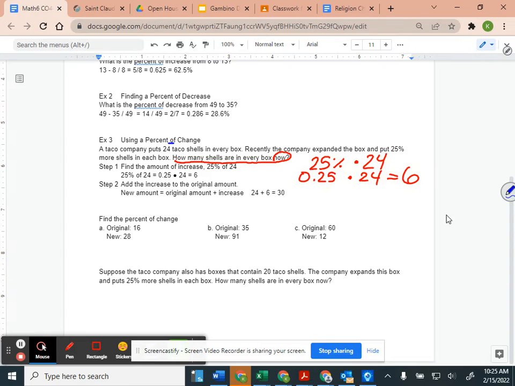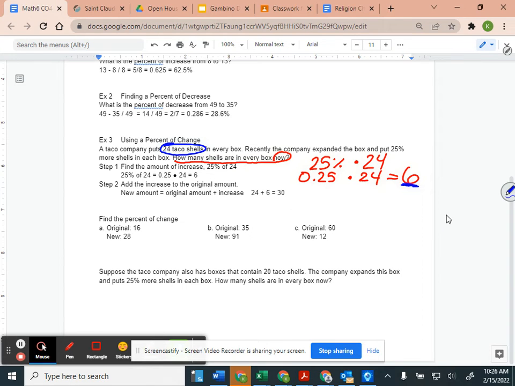We start with 24 shells in the box. We increase it 25%. That increase of 25% is 6. So that means there are 6 more shells being added to the box. It's asking, how many shells are there now?